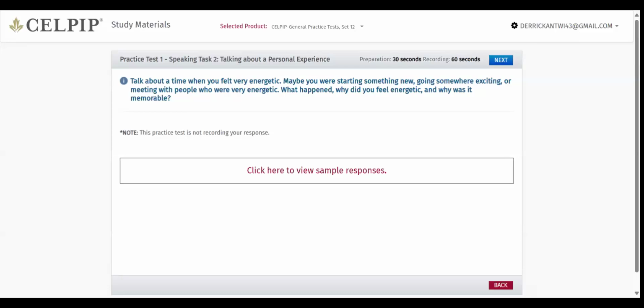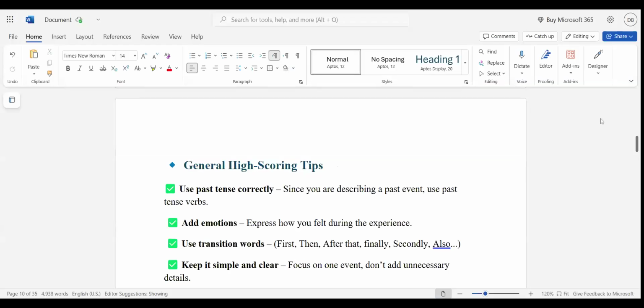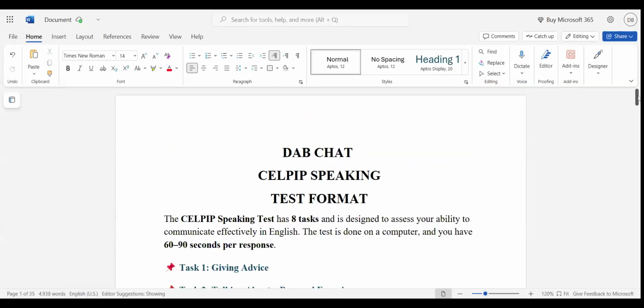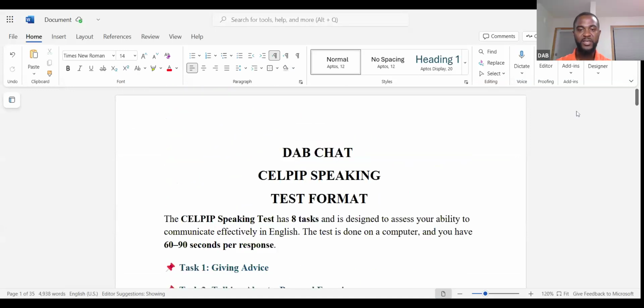Please, for Task 1, is it always giving advice to someone, and Task 2 always telling them about an experience? Yes. I started with the test format.